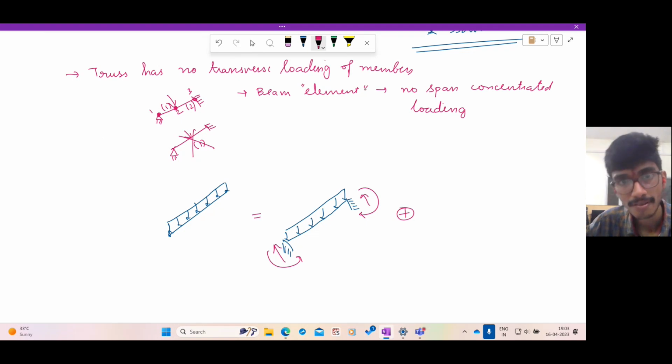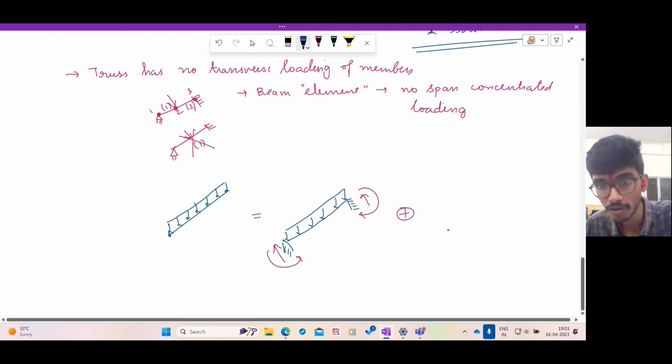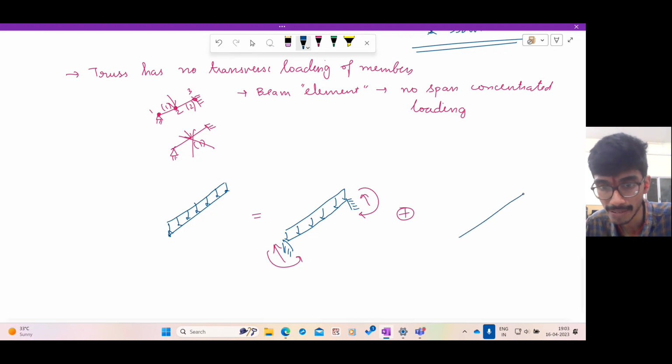This superposed with the other case where you remove the fixed supports, we apply the negative of the fixed end moments. This.